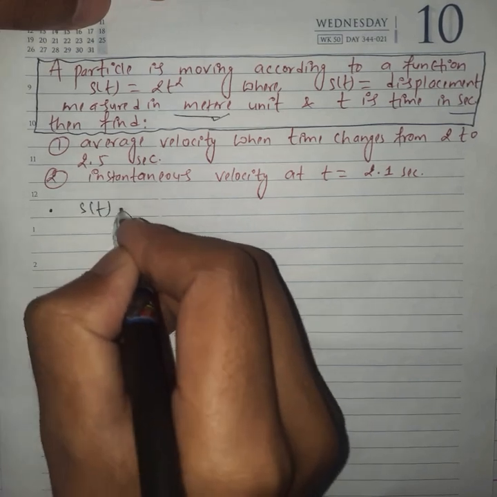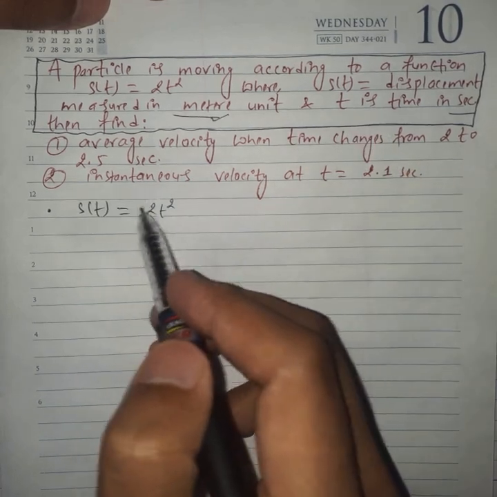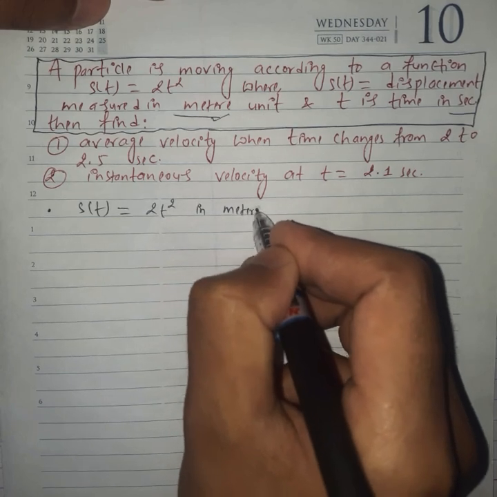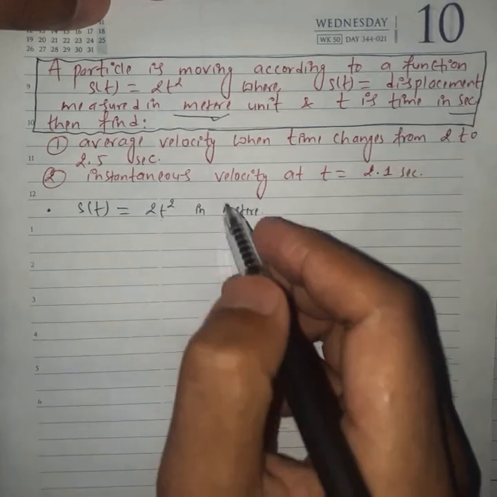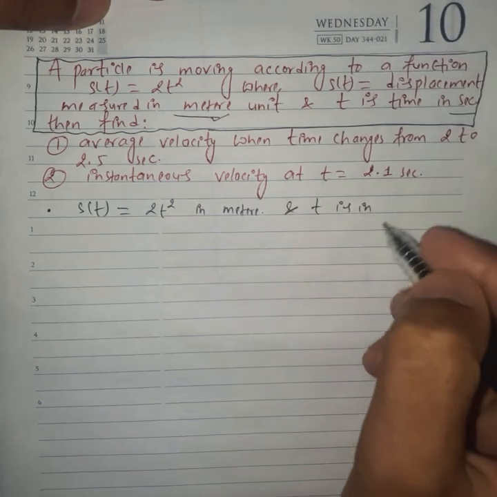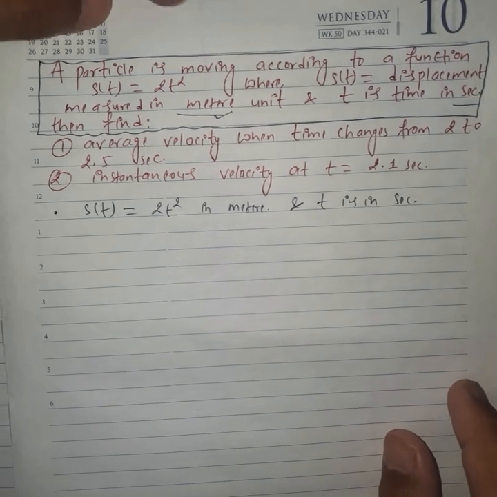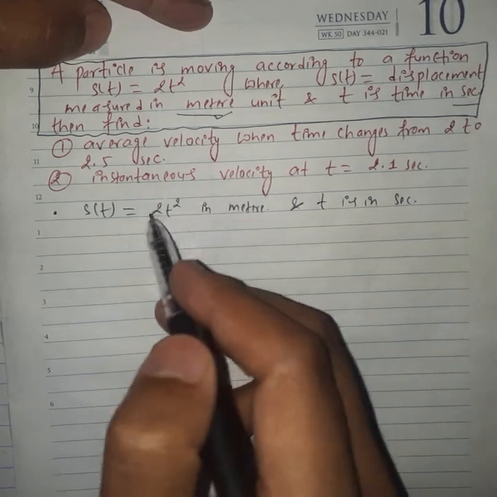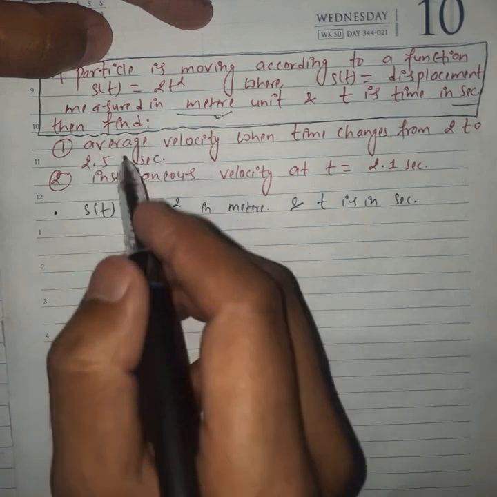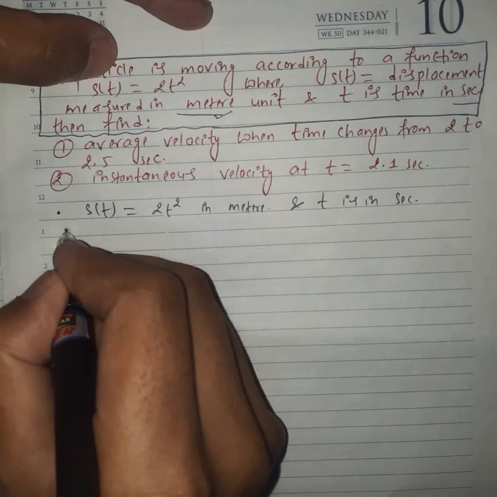The function is s of t equals 2t square, where s of t is the displacement measured in meters, and t means the time, measured in seconds. In question number 1 we have to calculate the average velocity according to this function.